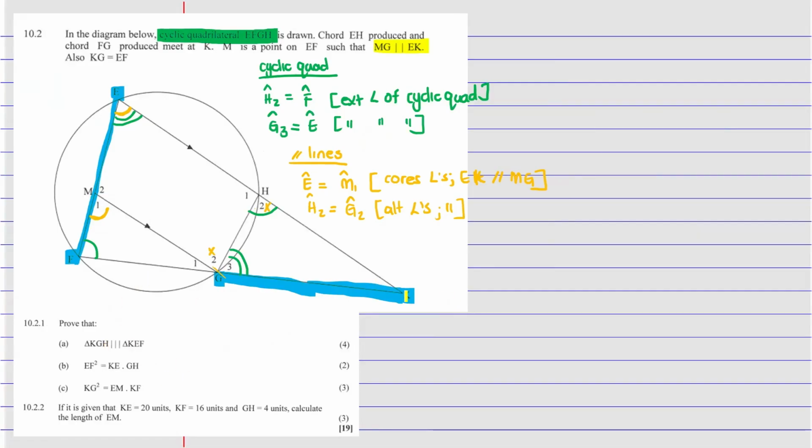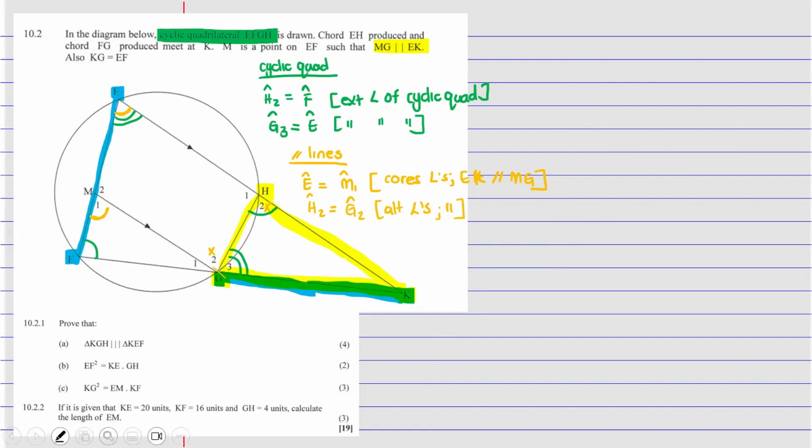So we need to prove that triangle KGH, right? So let's highlight that triangle.